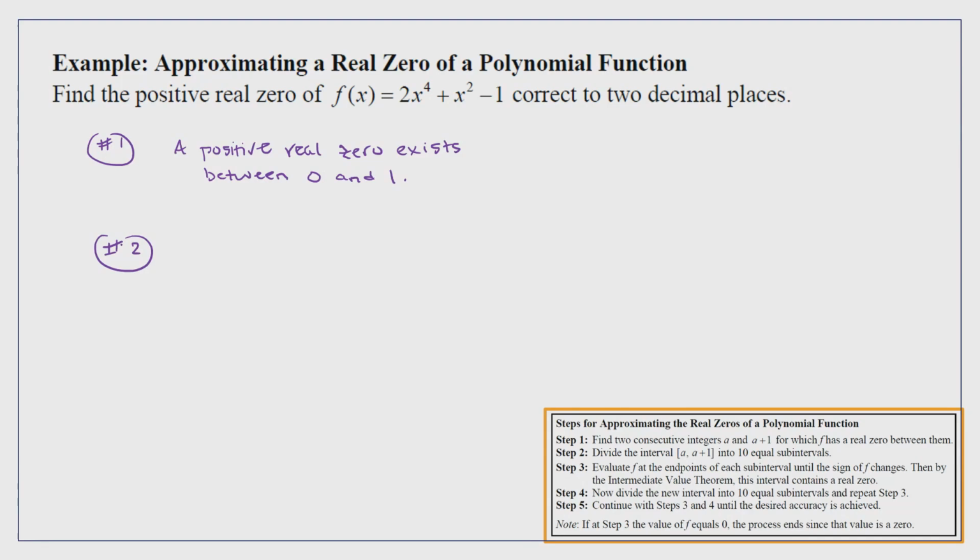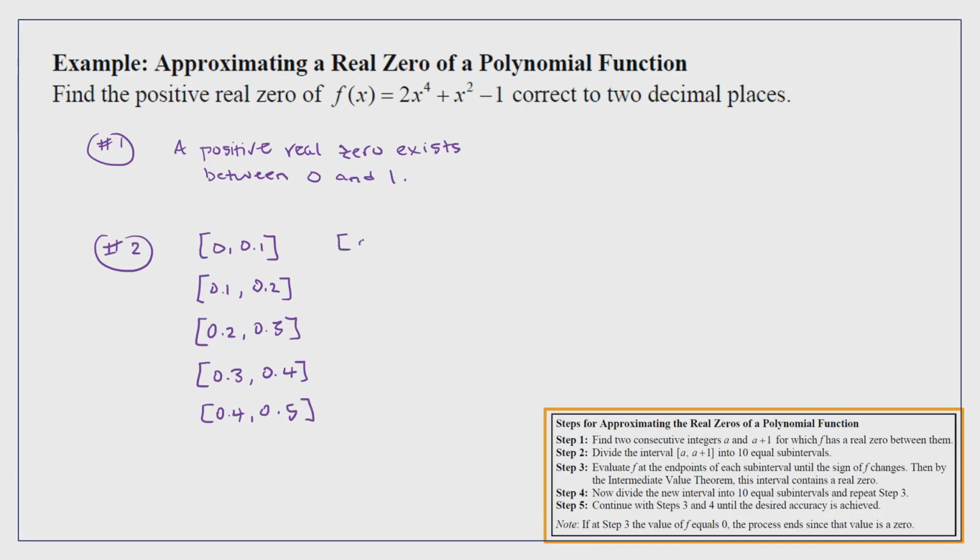Step 2, divide the interval a and a plus 1 into 10 equal parts. So our first interval would be 0 to 0.1. Our second interval will be 0.1 to 0.2. Third interval, 0.2 to 0.3. Then the next one, 0.3 to 0.4. Then the next one, 0.4 to 0.5.